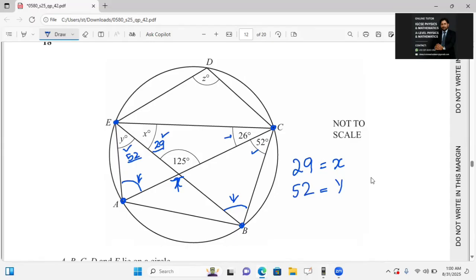Then I know, according to quadrilateral EDCB, all the vertices are lying on the circle, so the opposite angle sum is equal to 180.